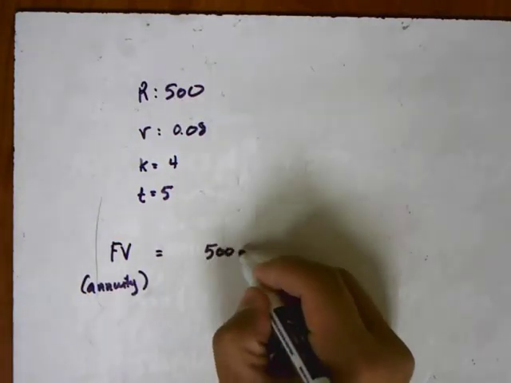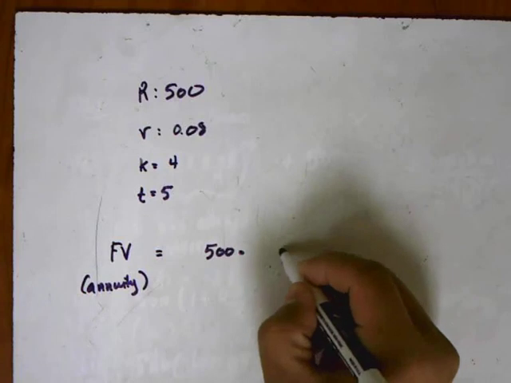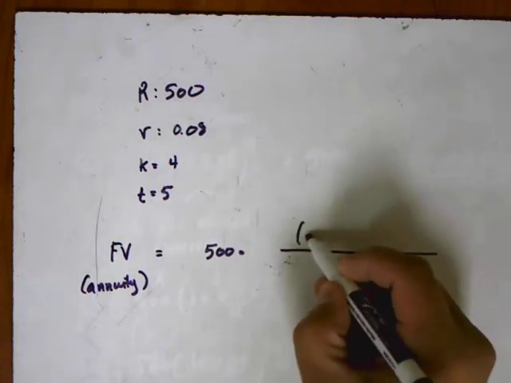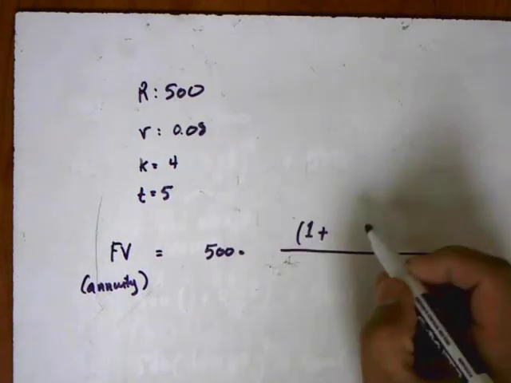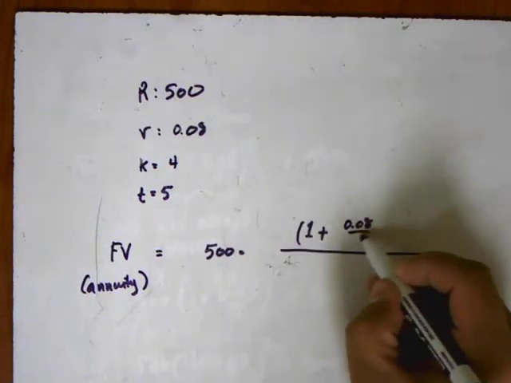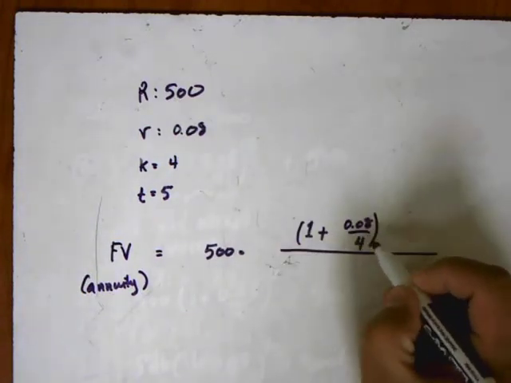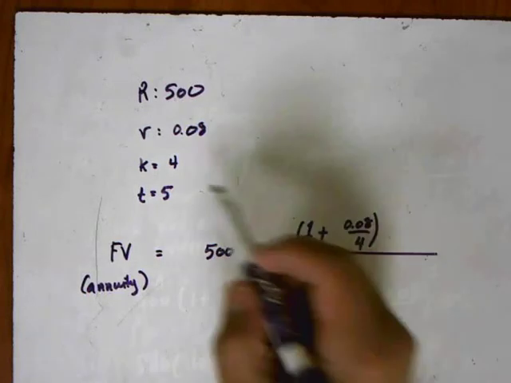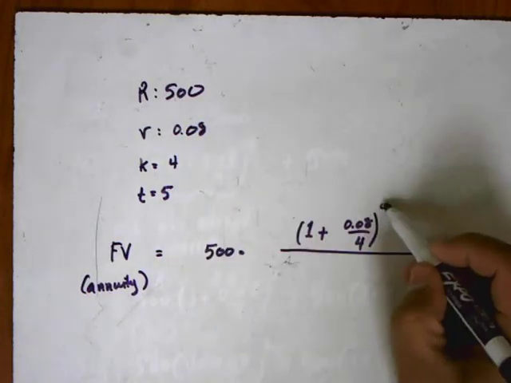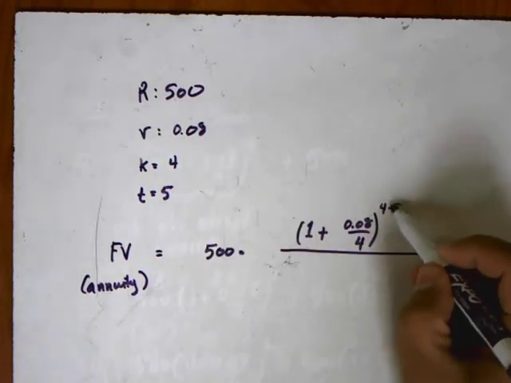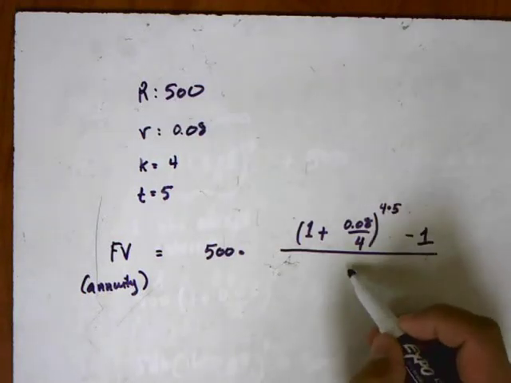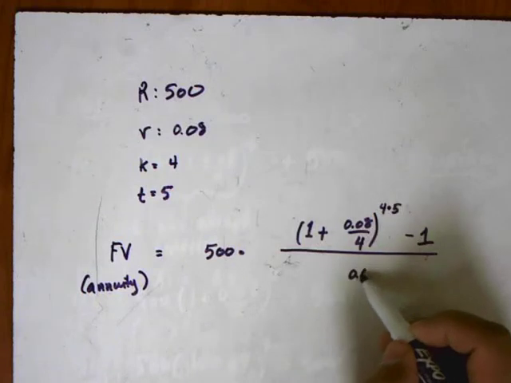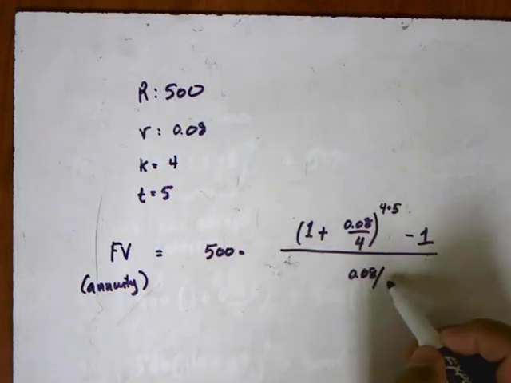It is 500 times a fraction, which is 1 plus r over K, raised to the KT, so 4 times 5, that whole thing minus 1, and divided by 0.08 over 4.